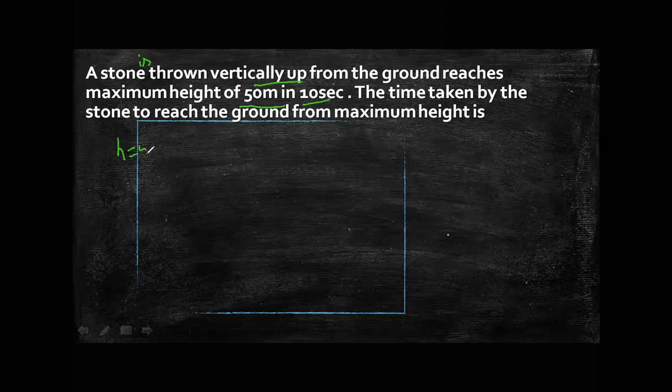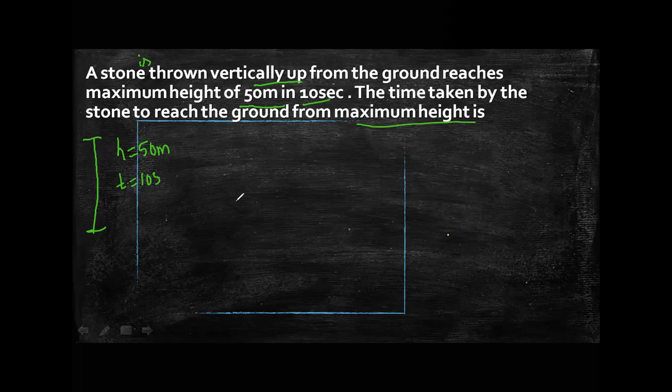The maximum height is how much? 50 meters. Then how much time did it take? 10 seconds. The time taken by the stone to reach the ground from the maximum height. Tell me, you don't need to do anything here.